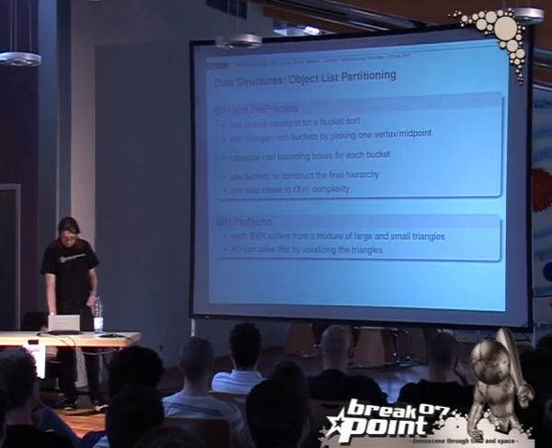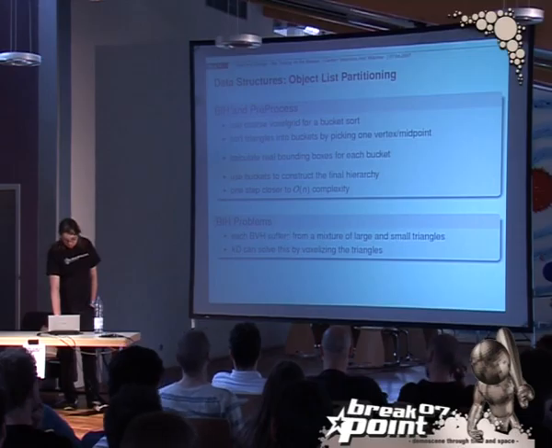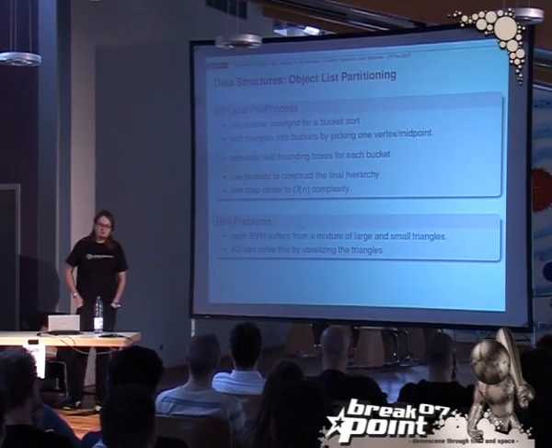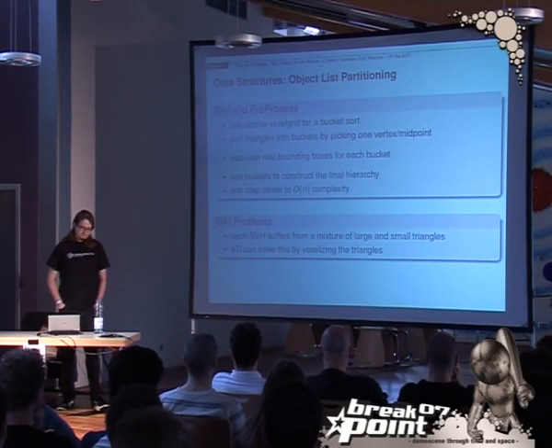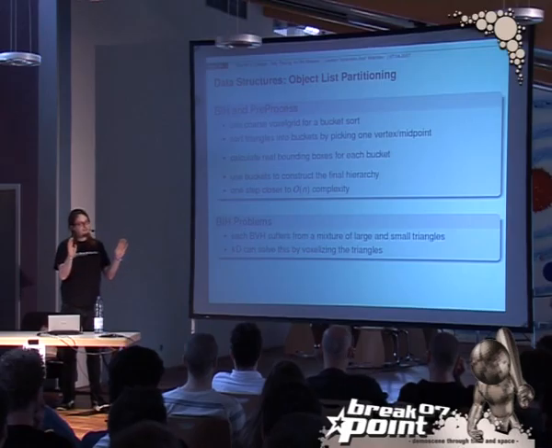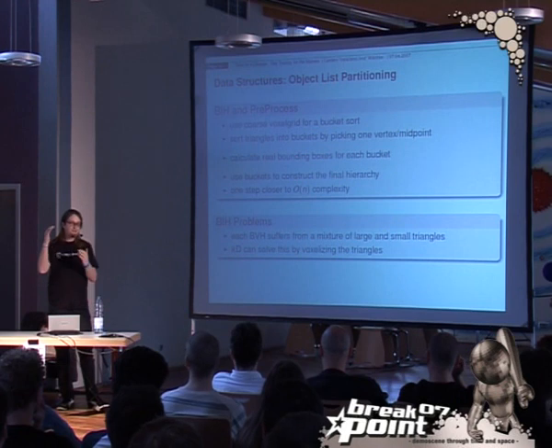So what are the problems of the bounding interval hierarchy? As each BVH, it suffers from a mixture of large and small triangles. So what does it mean? If you have architectural models, like this room here, you have big walls with a small amount of large triangles.